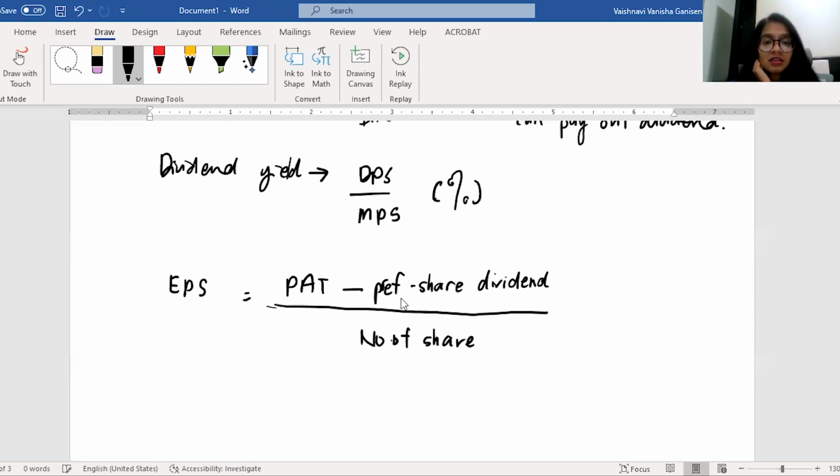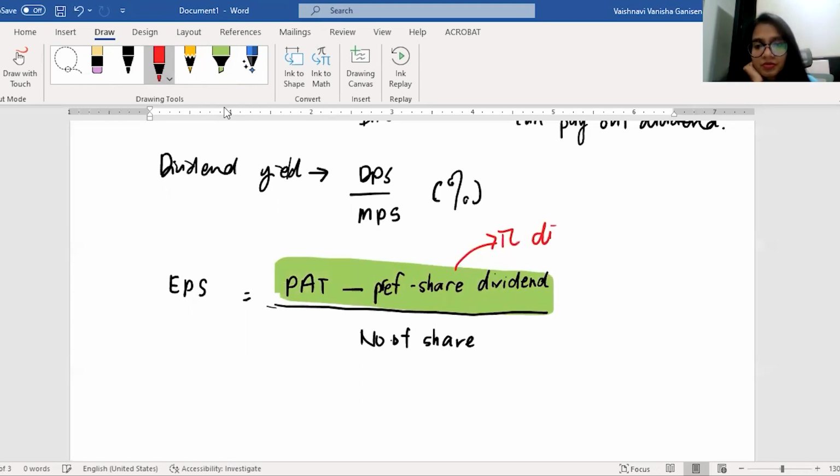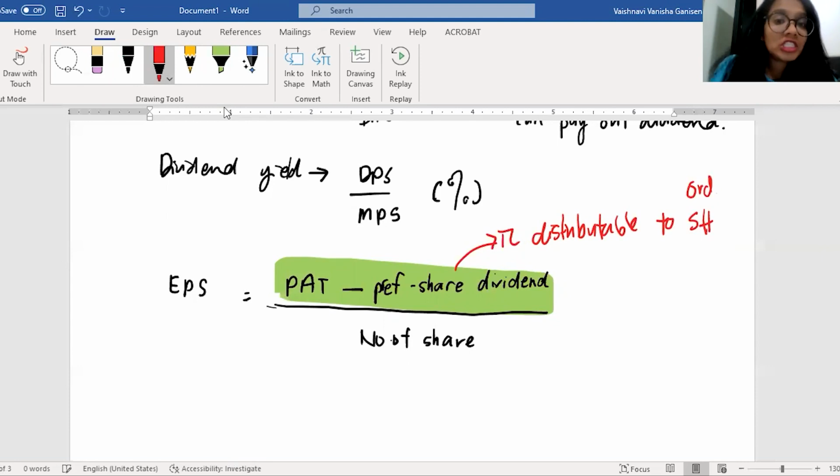When you are calculating your EPS, you need to use profit that is distributable to ordinary shareholders, not just shareholders. Because your shareholders can consist of preference shareholders and ordinary shareholders, but our focus here is to concentrate on the amount that is distributable to your ordinary shareholders.